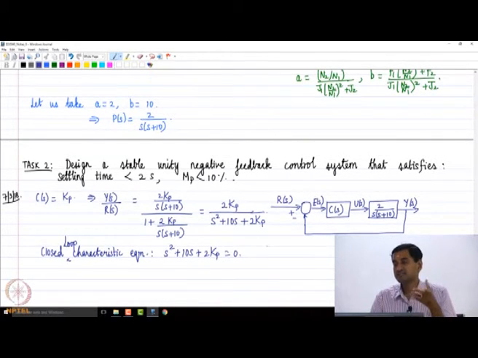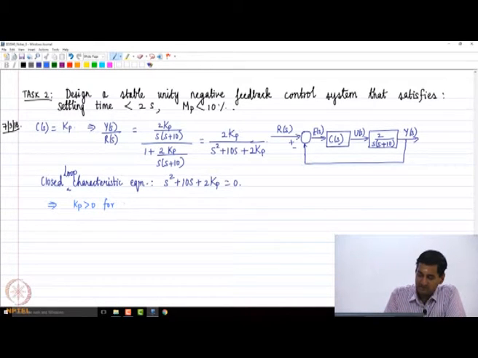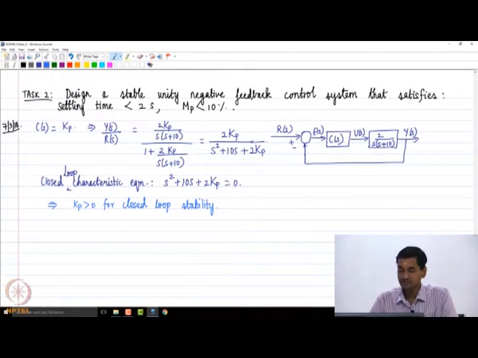This is a second order polynomial, and we know that for the two roots to lie in the left half plane, we need all coefficients to be non-zero and of the same sign. For a polynomial of order 2, that's something which we have discussed. So this implies that Kp has to be greater than 0 for closed loop stability. So for stability of the closed loop system, we need the proportional gain Kp to be positive. Okay, so that is the condition.